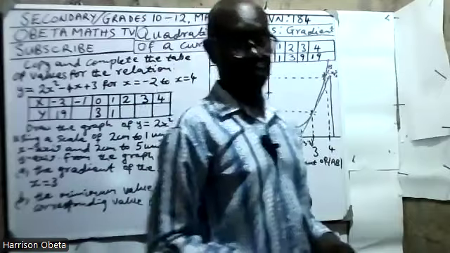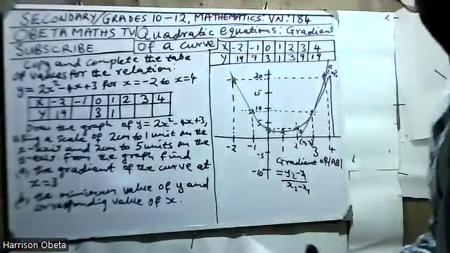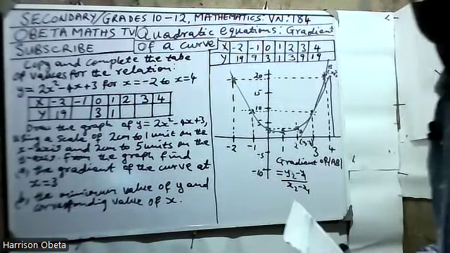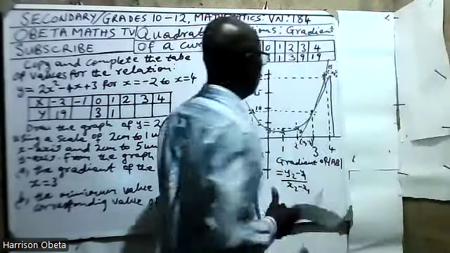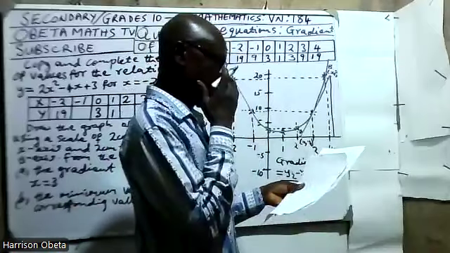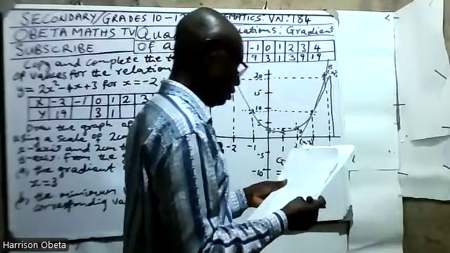From my own graph, I have my x1, y1, I have 16.